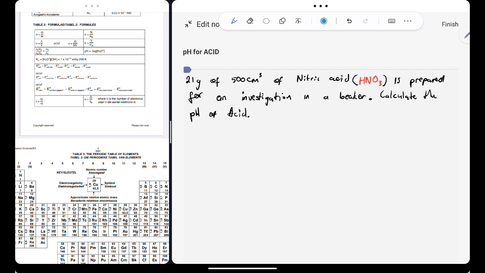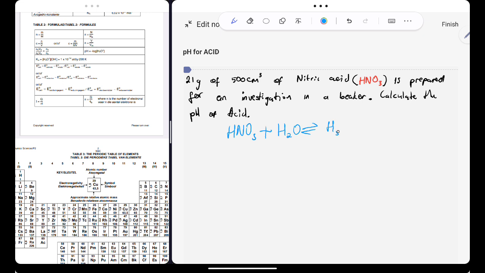But before I do that, I must write down the ionization of my acid. Remember that nitric acid is a monoprotic acid. It ionizes to donate a single proton.